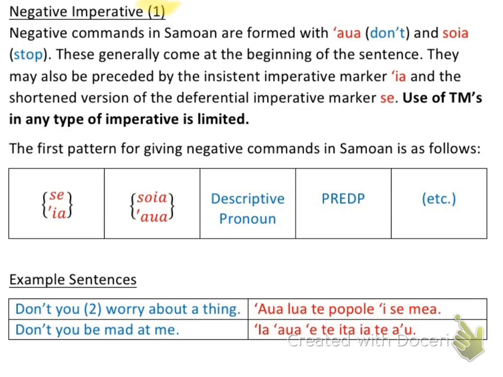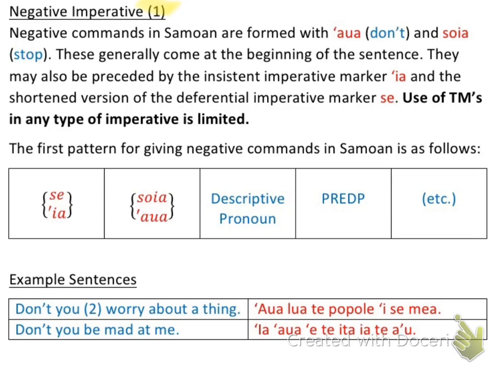So, again, the use of tense markers in these types of sentences is limited. You're not going to see a lot of that because they are commands. And remember, in our commands, we're talking about negative commands right here, but in commands generally, we usually omitted the tense markers.